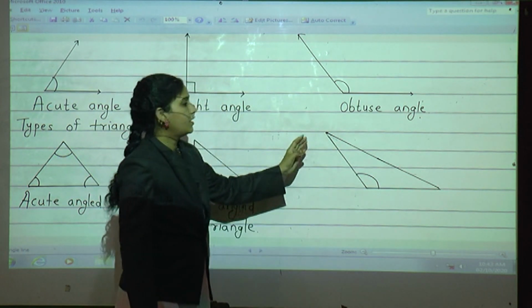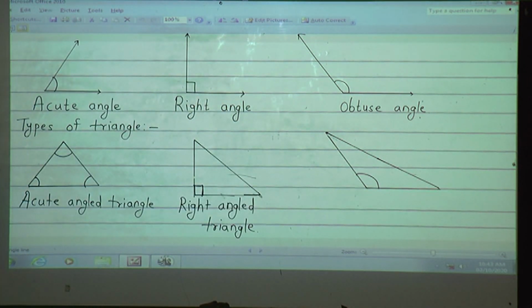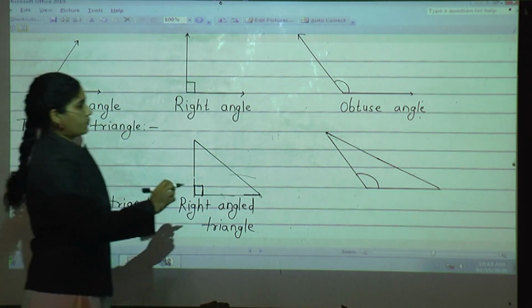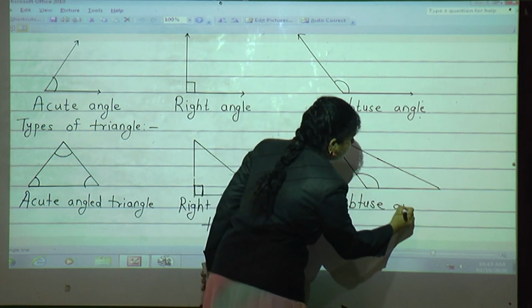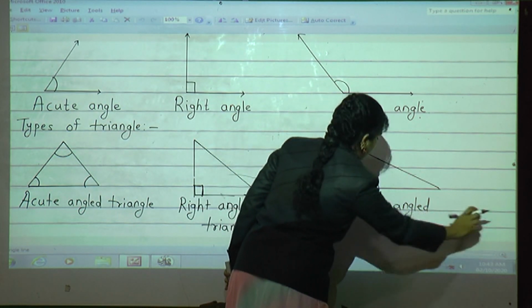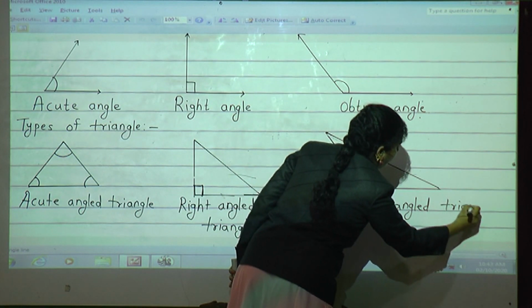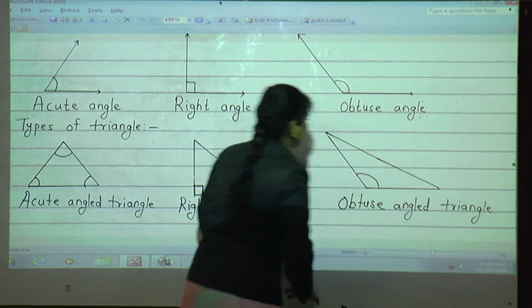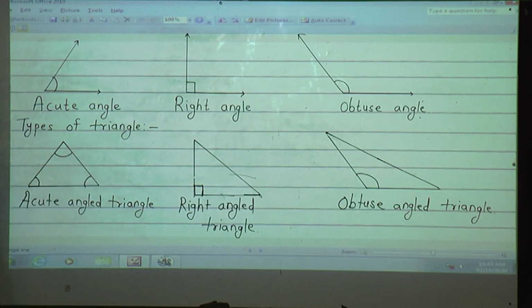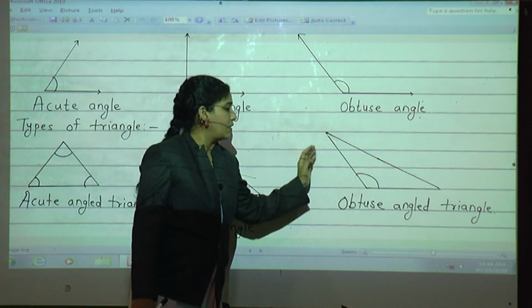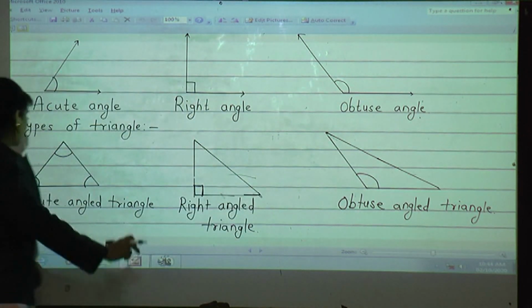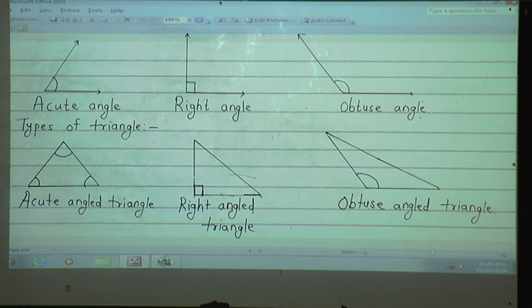So the triangle with one obtuse angle is called an obtuse angle triangle. So students, these are the three types of a triangle based on their angles. First one is acute angle triangle, second is right angle triangle, and third is obtuse angle triangle. So we'll see our next point.